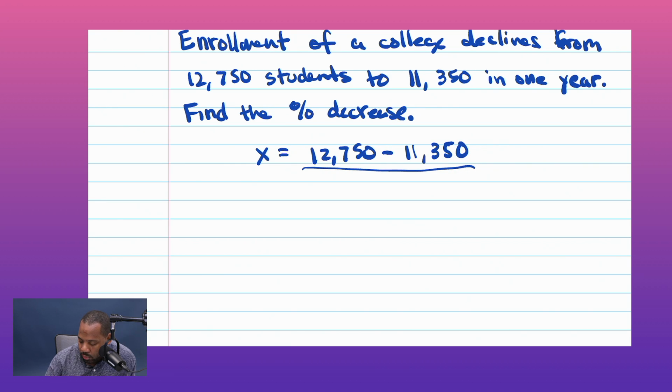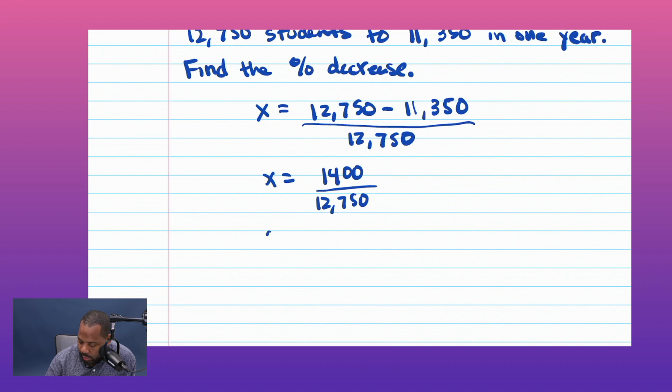And our original number of students was, the first year, 12,750. All right, subtracting that numerator, we get 1,400 over 12,750. And that gives us approximately 0.11. And so this must be 11% if we multiply that rate by 100. So this is how you find your percent increase and your percent decrease.